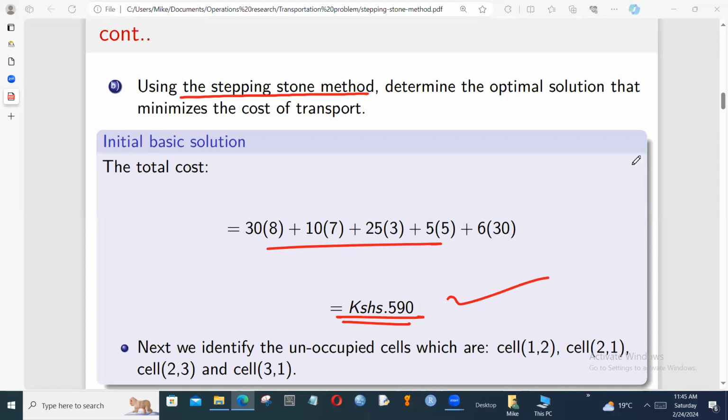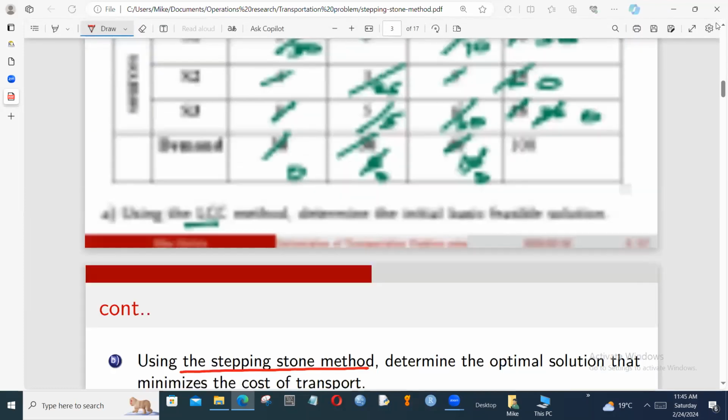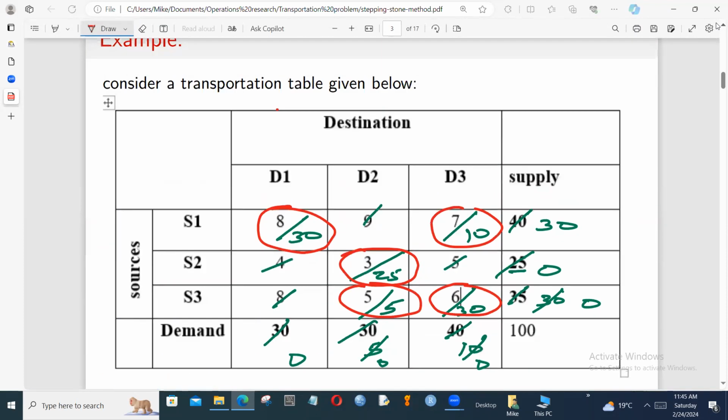So the first thing we do is to identify the unallocated cells. We can see from this table the cells that have no allocation. This is cell 1, 2, the cell in the first row, second column. This cell has also not received any units.